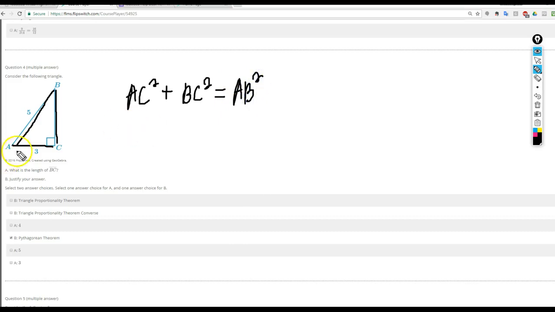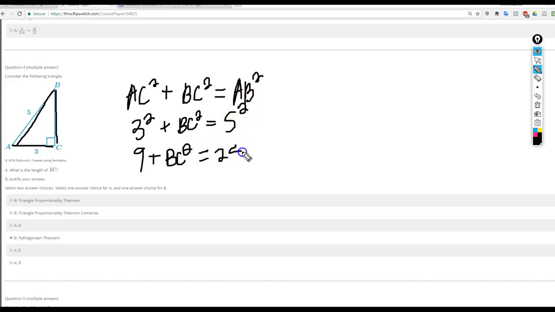By substitution, AC's length is 3, so I have 3 squared plus BC squared is equal to, the length of AB is 5, so I have 5 squared. Alright, now 3 squared is 9, plus the length of BC squared is equal to 5 squared is 25.